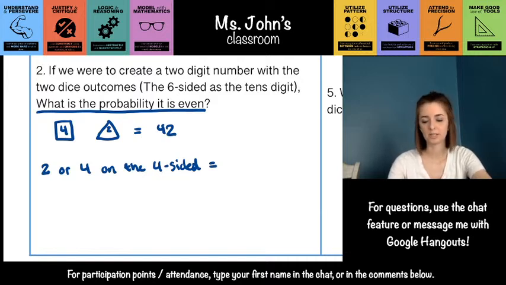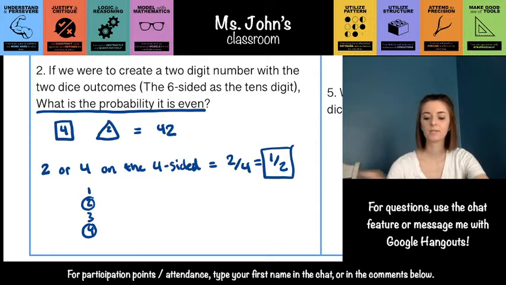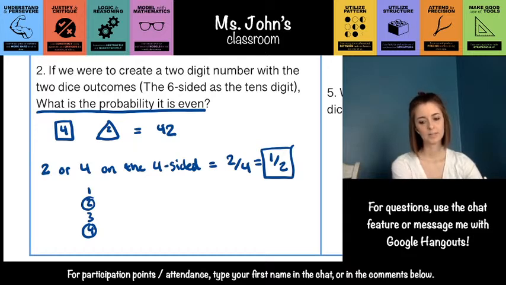There are only 4 options, right? On the 4-sided die, it's 1, 2, 3, and 4. We are focused on these 2 options out of the 4 total, right? Which means that it's half, 1 out of 2. Let's start with the non-reduced, 2 out of 4, 1 out of 2. So the probability of getting an even number when you tack them together and make them one number is half, because it's all dependent on that 4-sided die.